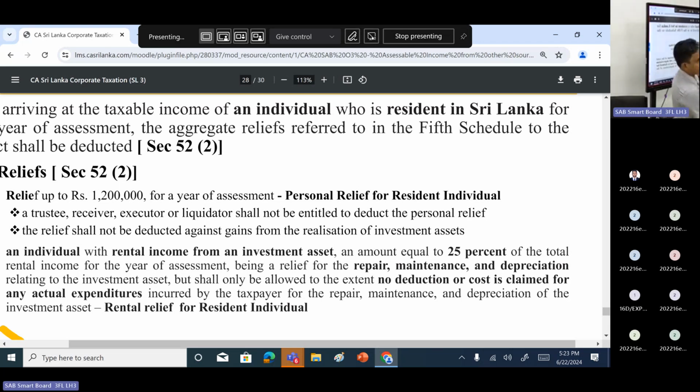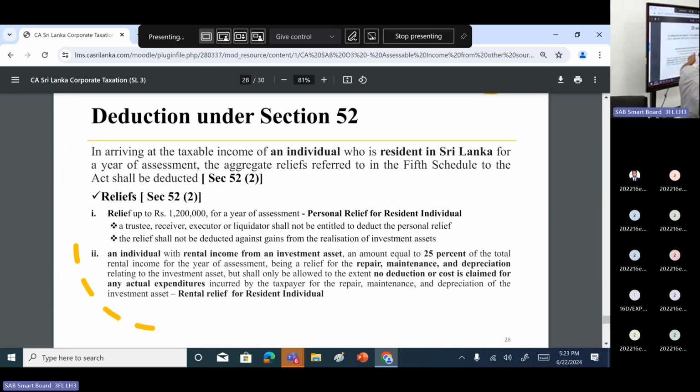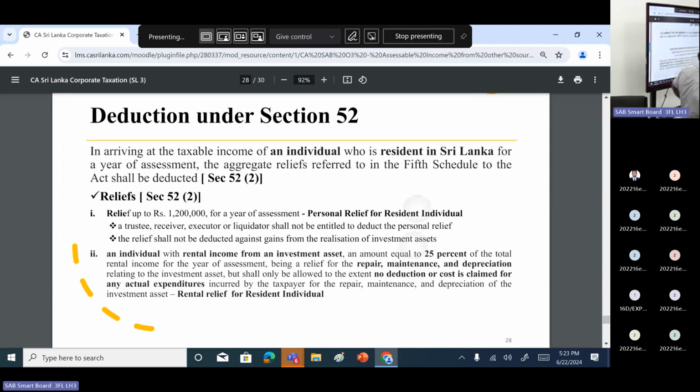Gain from the realization of investment comes under investment income, so it could be part of taxable income, but this 1.2 million personal relief we cannot deduct. So that is the personal relief for a resident individual.